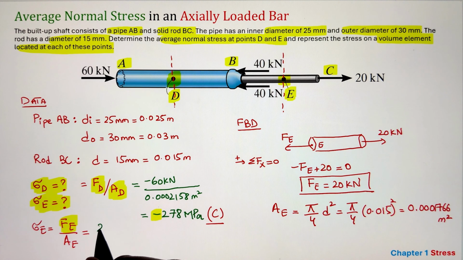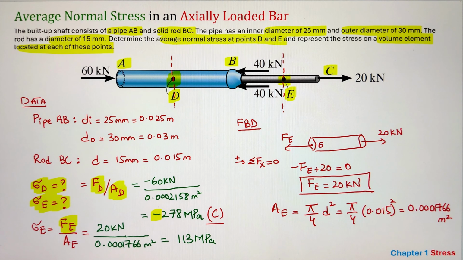Next, let's go ahead and plug it back in our formula for stress at point E, and taking the ratio of force of 20 kilonewtons and area of 0.0001766 meter squared, we get our stress value of 113 megapascals.